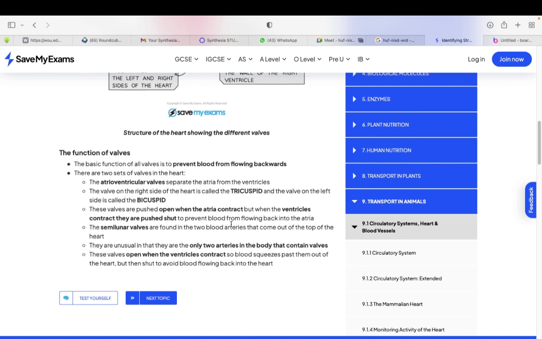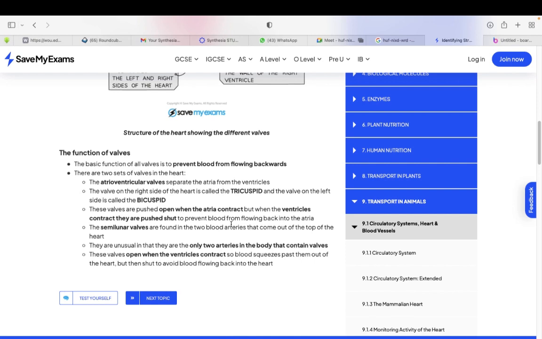I already differentiated between the left side of the heart and the right side. Your whole right is the left of the heart, and your whole left is the right of the heart. We've already explained this in part 1 of this section.